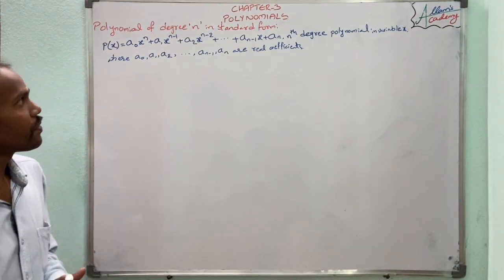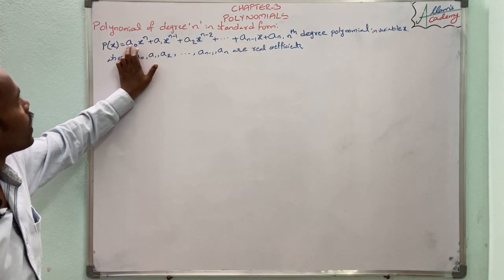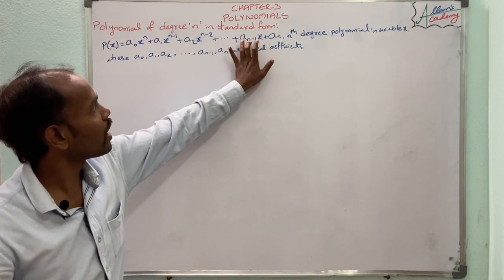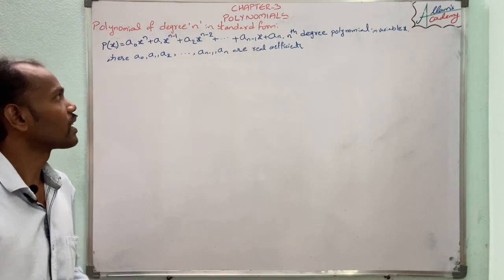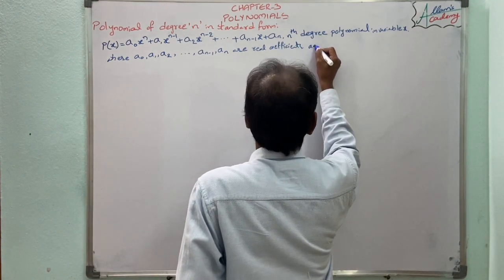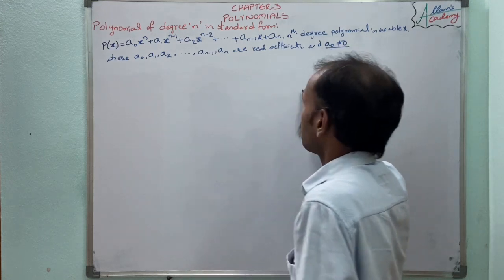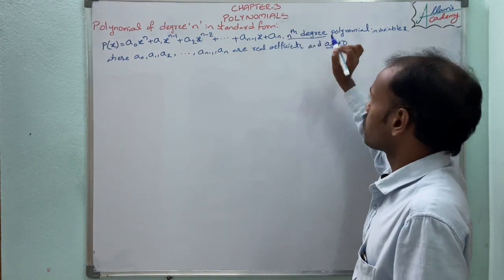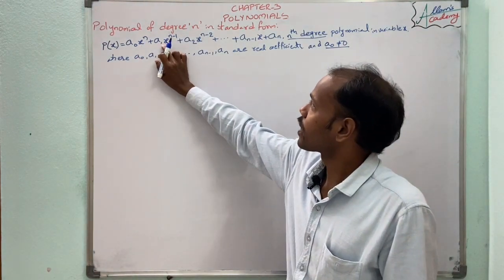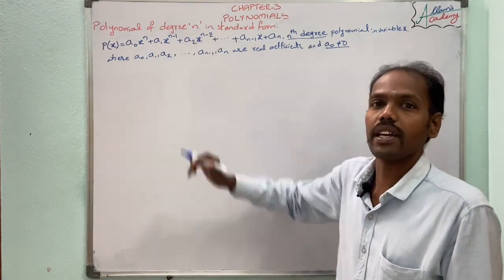When we write the terms, the number before the variable is called the coefficient. And here also a naught is not equal to 0. Why? Because we said it is an nth degree polynomial. If a naught equals 0, then it starts from x power n minus 1, so the degree becomes n minus 1.